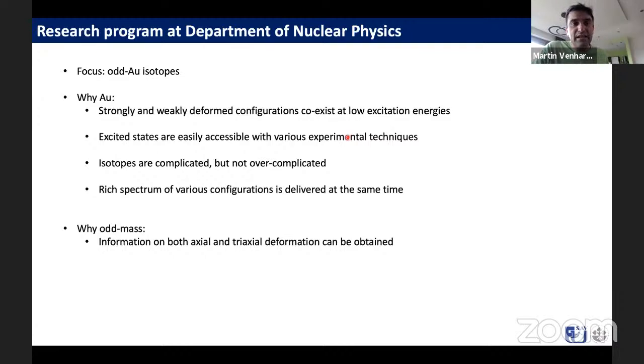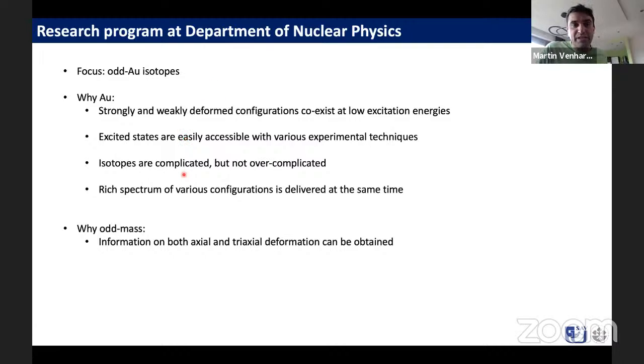The second reason is that the excited states are easily accessible with various experimental techniques available at CERN or in cyclotron laboratories. It has this advantage that, for example, mercury produces gold with beta decay, and it's easy to produce mercury beams. For example, it's impossible to produce platinum because of its different chemical properties.